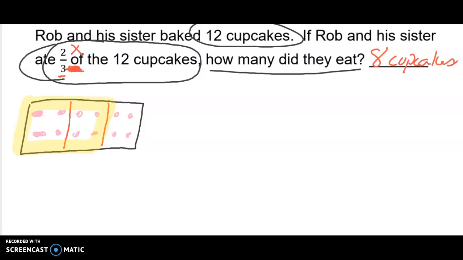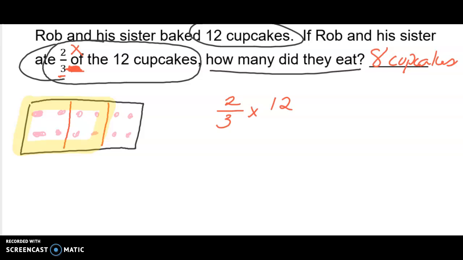But only multiplication when there's a part in front. If you have a fraction in front of the of, or a percent, or a decimal in front of the of, that means to multiply. So we're going to take 2/3 of 12.